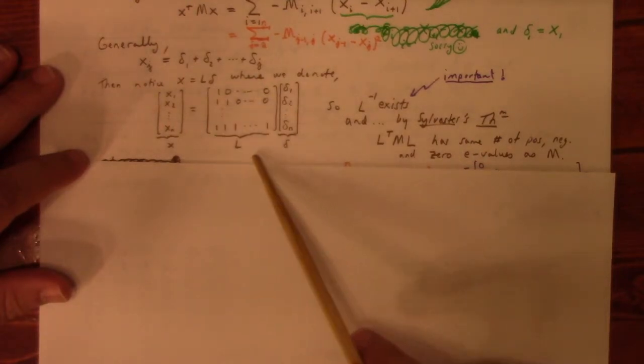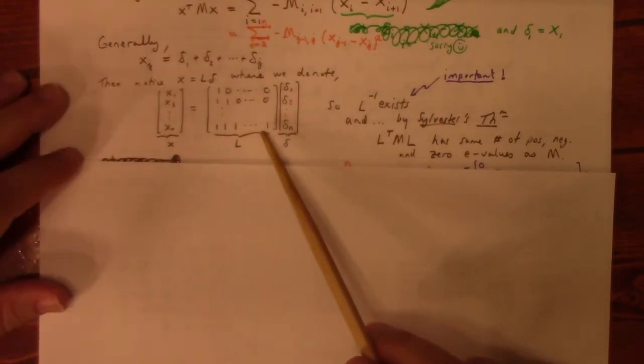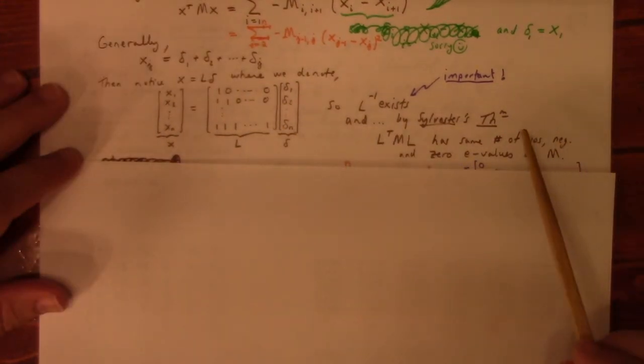Notice that this is an invertible matrix because it has 1s down the diagonal, which means it has eigenvalue 1. The determinant of this is 1, so it's invertible. L inverse exists.